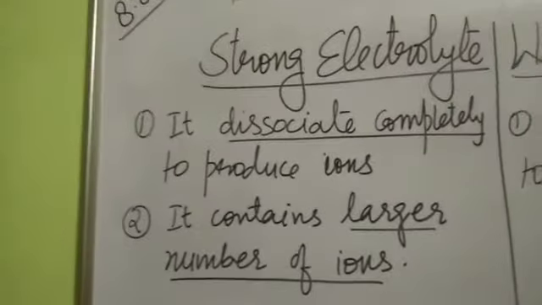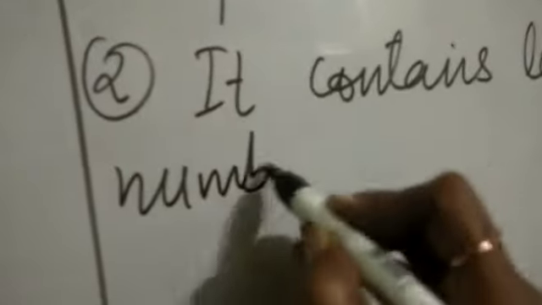So ions available for conduction of electric current are more in case of strong electrolyte. Now coming to weak electrolyte, point number 2, it contains a lesser number of ions for conduction of electric current.